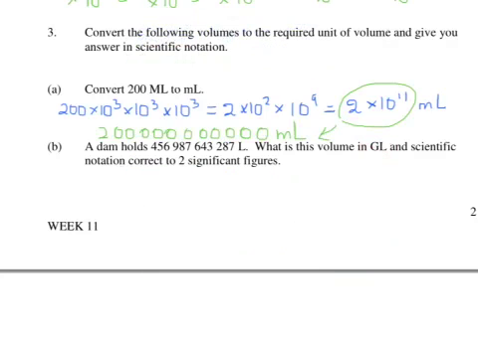Now in this one I've asked you to give me the volume in gigalitres and in scientific notation, but correct to 2 significant figures. You'll notice that number has quite a large number of digits.